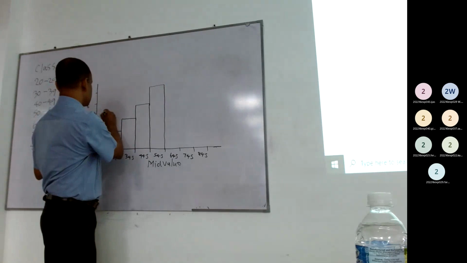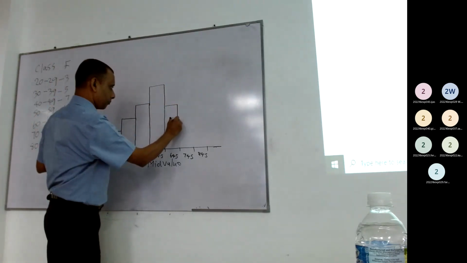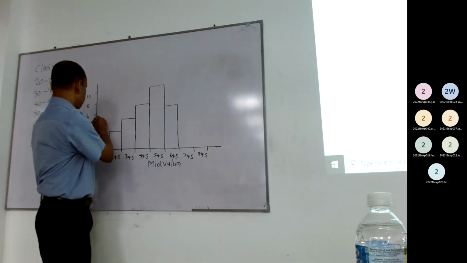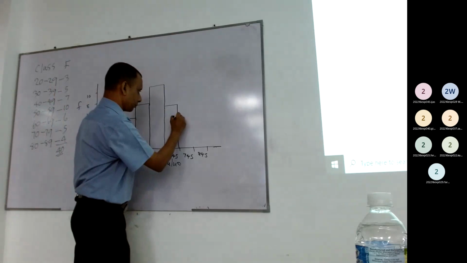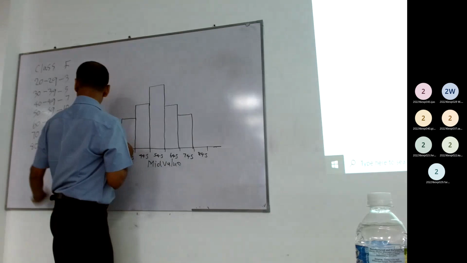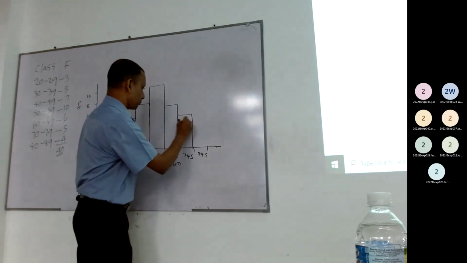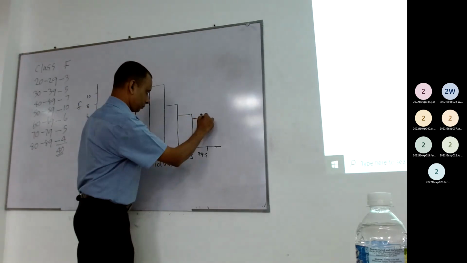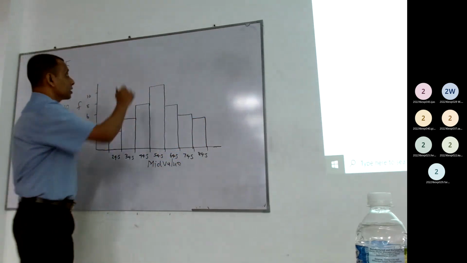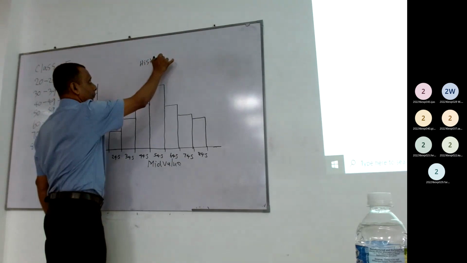Then 6. 70-79, 5. 80-89, 4. That is histogram. Histogram.